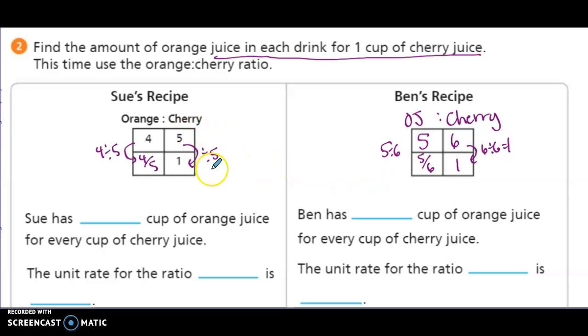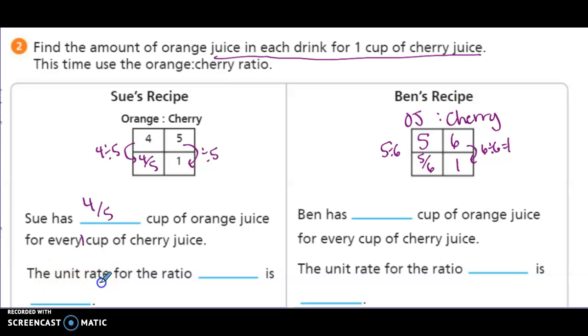Okay, so now they have equal amounts of cherry juice, and the other part, orange juice, has been scaled down to keep the flavoring of both of their recipes the same. Sue would then have 4/5 cup of orange juice for every 1 cup of cherry juice.